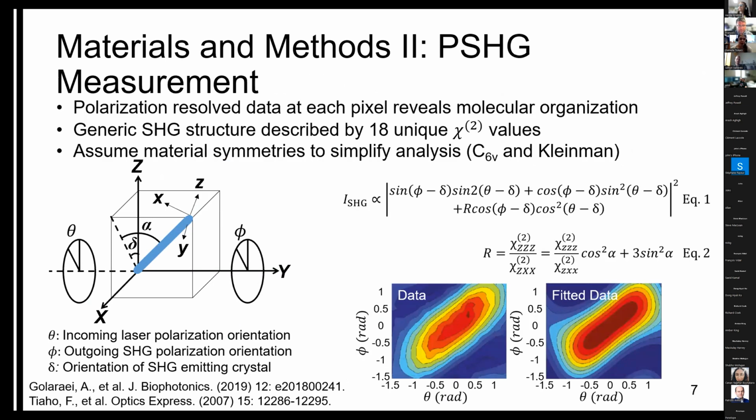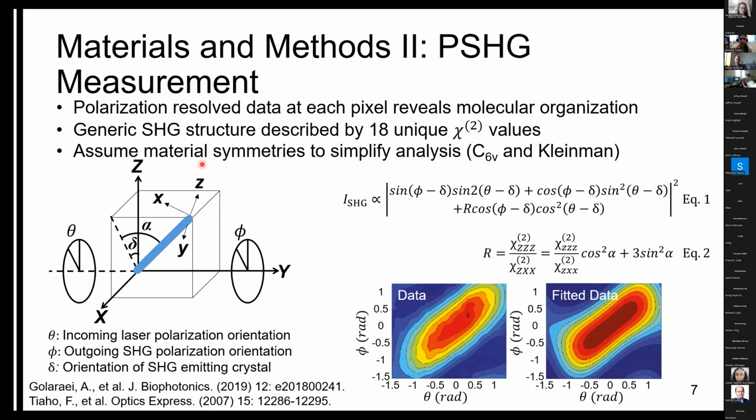So our optical resolution is limited to a spot size similar to a confocal microscope. But because we have polarization-resolved data at each pixel of the image, we can ascertain molecular organization parameters at a much smaller scale. So now I'll describe how we do this.